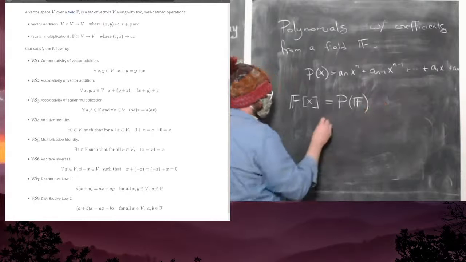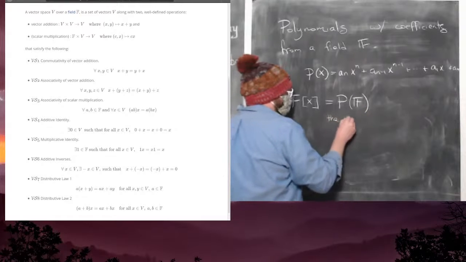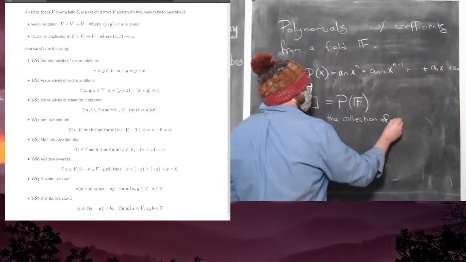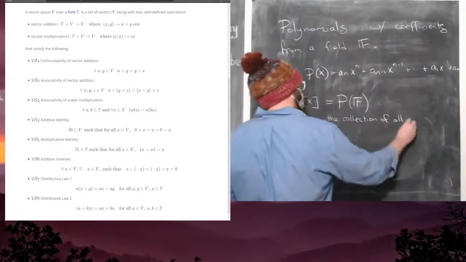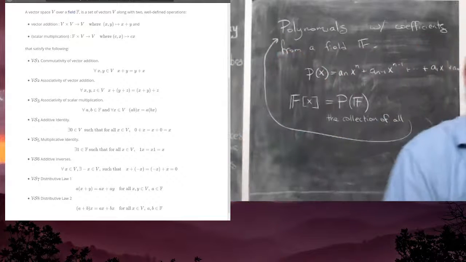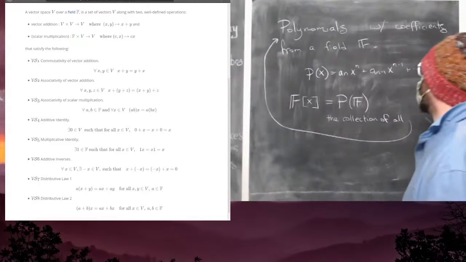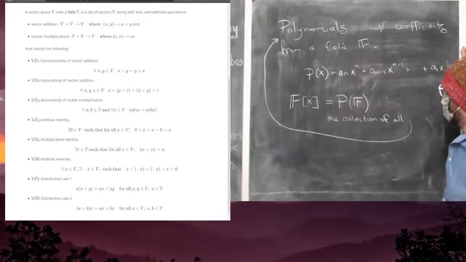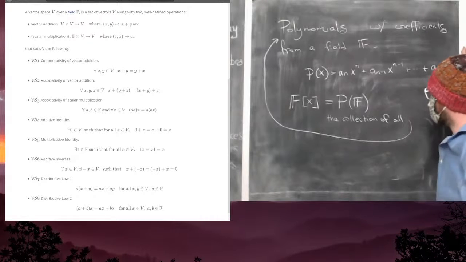And what it is is just the collection of all those polynomials with coefficients from the field, and you put all of them together. And that forms a vector space.